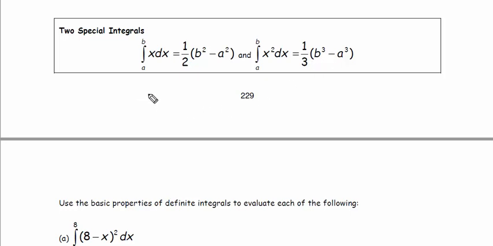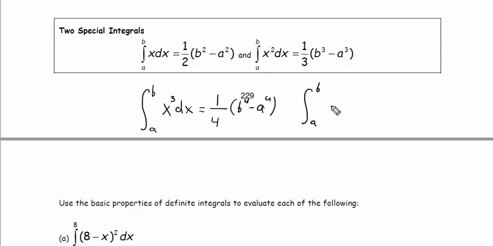And then, of course, hopefully you can see the pattern. Integral from a to b of x to the third dx will be 1/4 times b to the fourth minus a to the fourth, and integral from a to b of x to the fourth dx is 1/5 times b to the fifth minus a to the fifth.